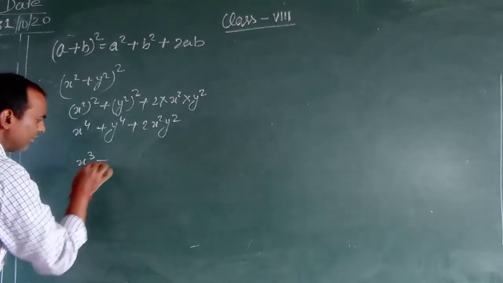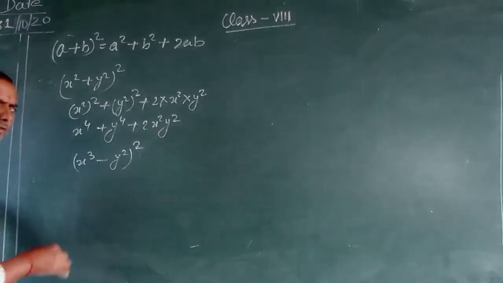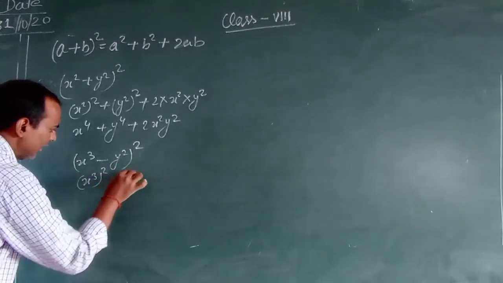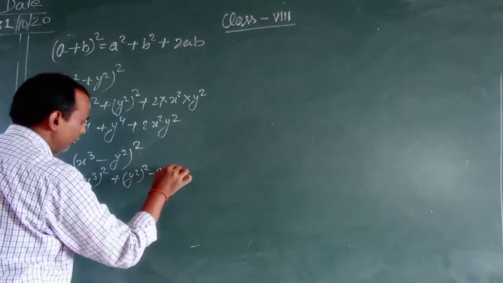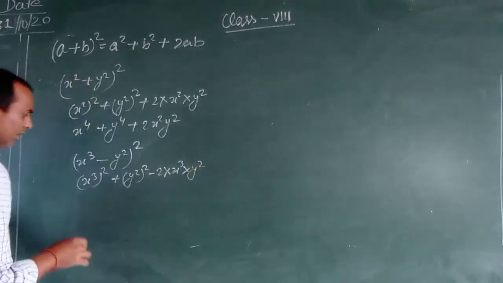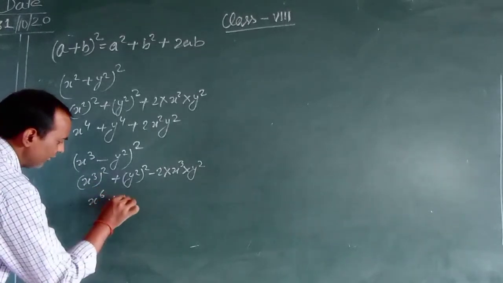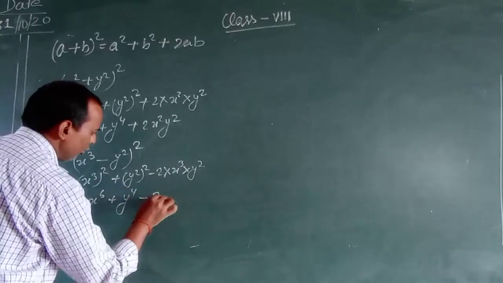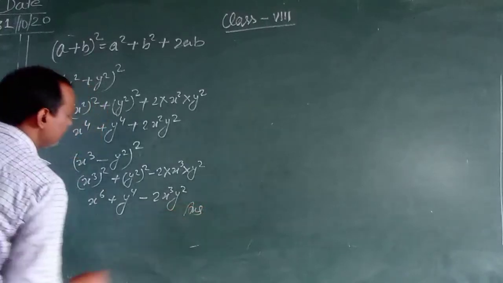Or if the question is as (x raised to power 3 minus y square) whole square, here first term square plus second term square minus 2 into first term into second term. Here we can write x raised to power 6 plus y raised to power 4 minus 2x cube y square.